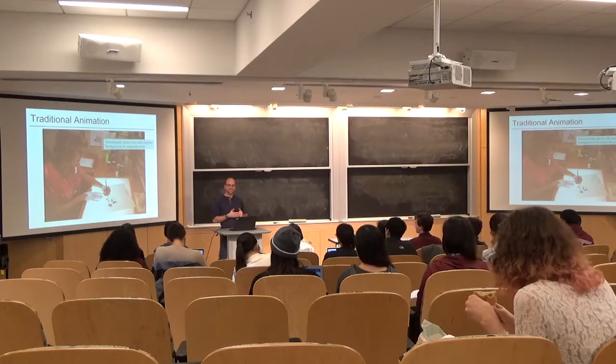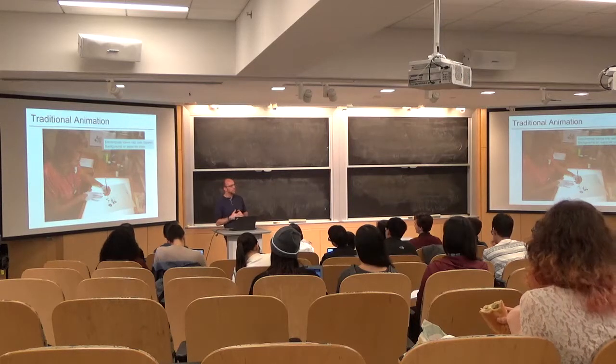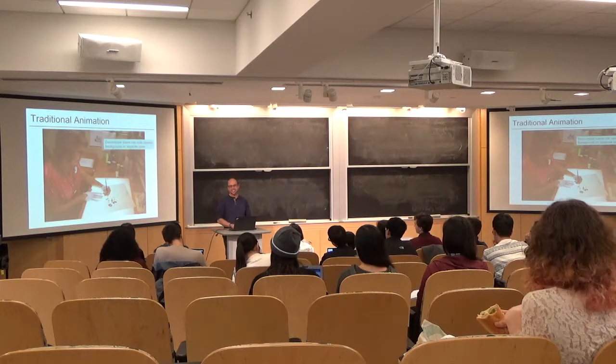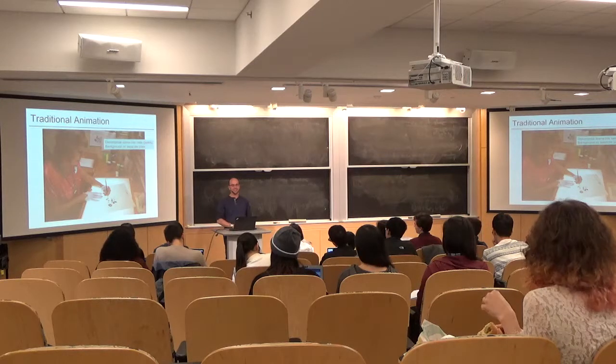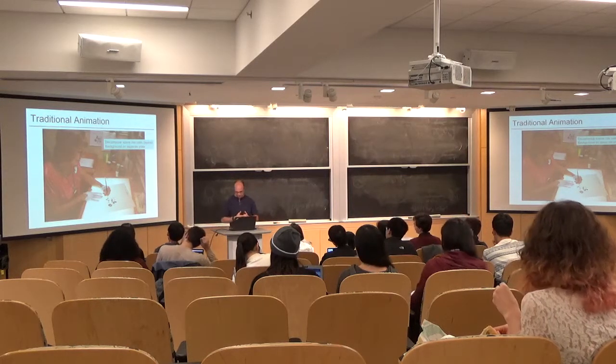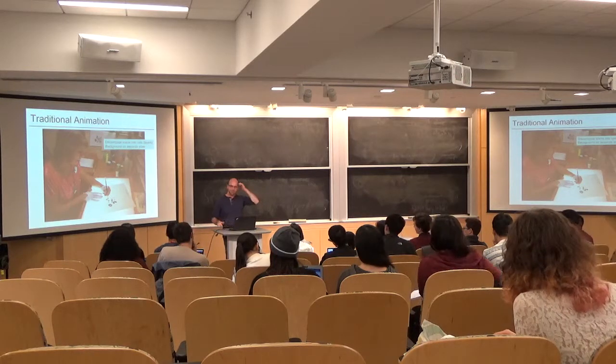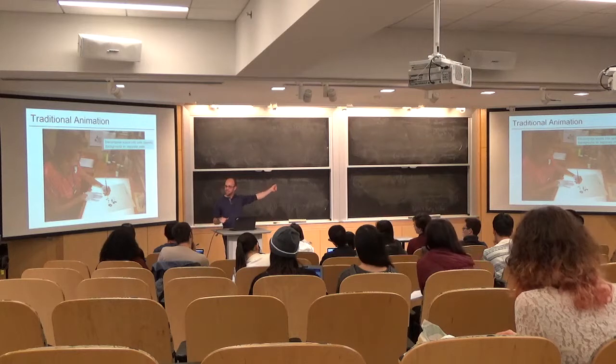This is a pretty tedious, awful job, and one of the early targets for computer animation was at least helping the in-betweening people out, because that's a pretty miserable job. And it's miserable for a lot of reasons. For one, you're basically drawing Mickey Mouse with small perturbations, for days and days at a time.